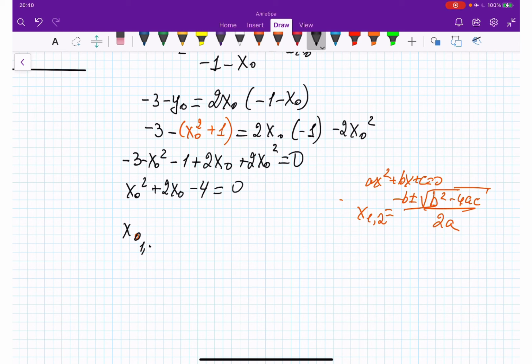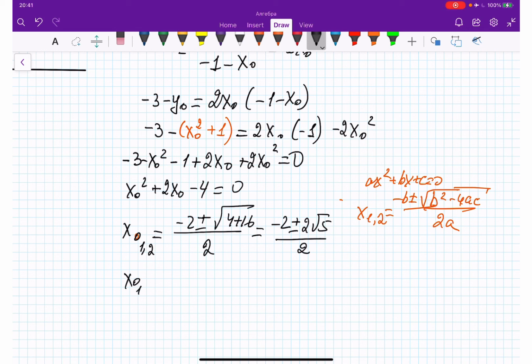x0,1,2 is equal to negative 2 plus or minus the square root of 4 plus 16, over 2. Negative 2 plus or minus 2 square root 5 over 2. All right? So x0,1,2 is equal, taking 2 out, to negative 1 plus or minus square root 5 over 2.